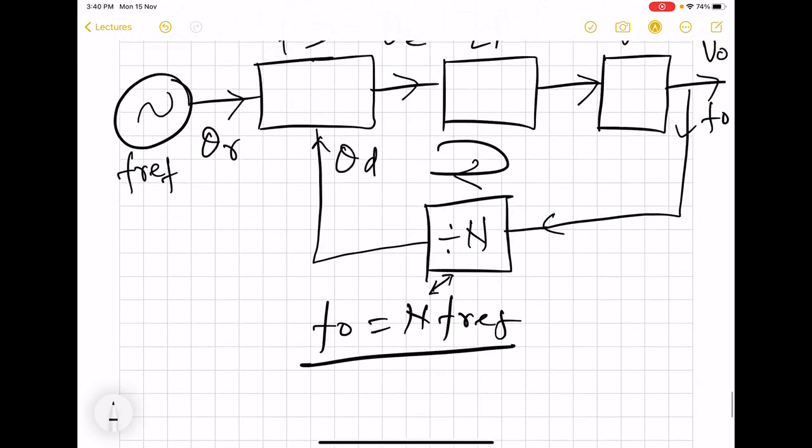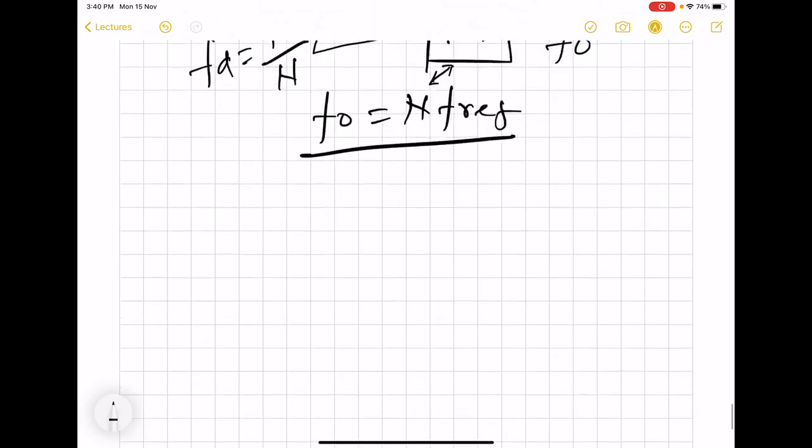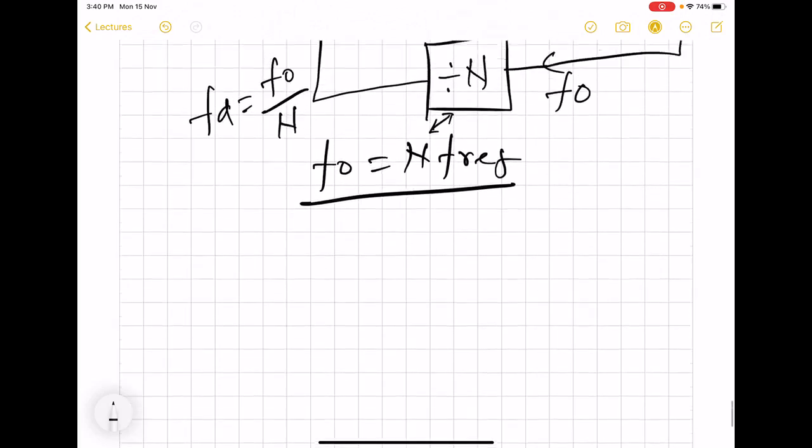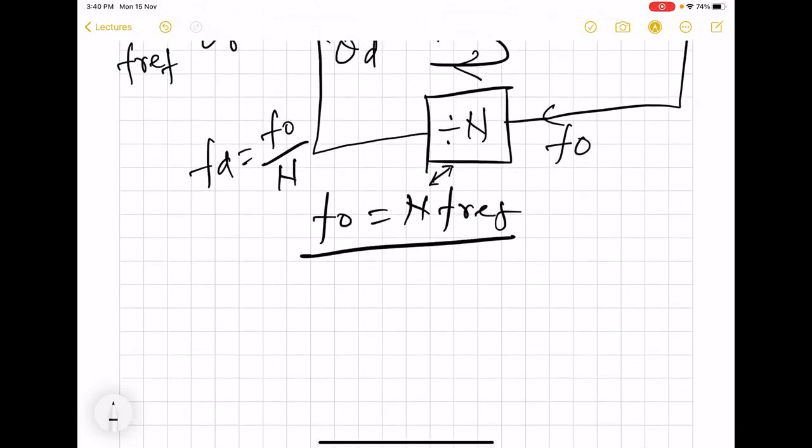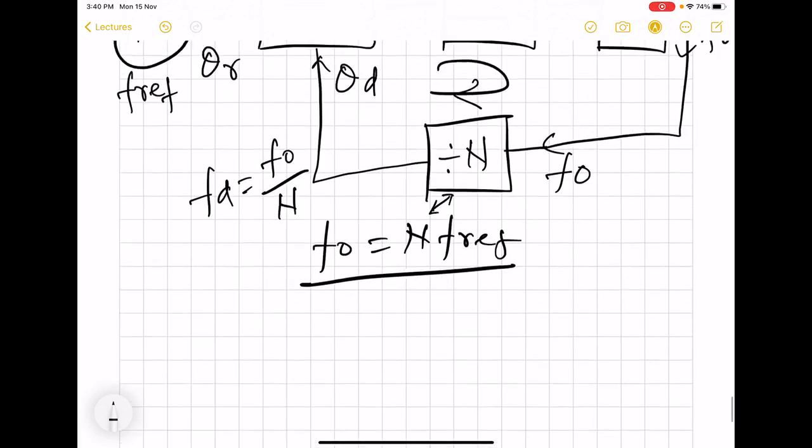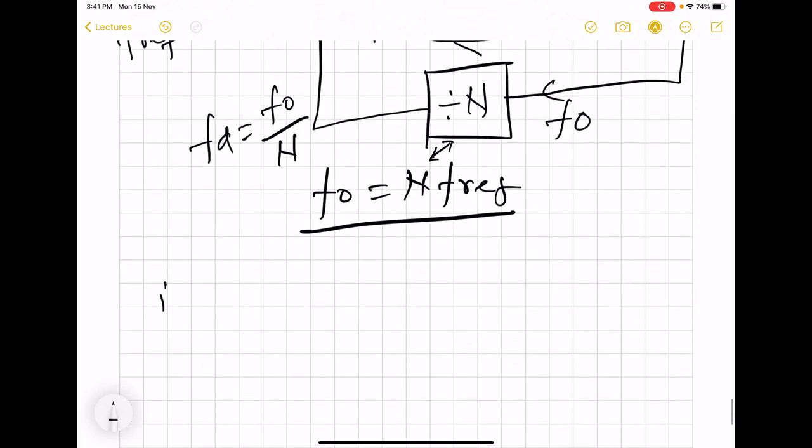And as the name suggests, this frequency divider basically takes a periodic signal of frequency f0 and produces an f divider output equal to f0 by N. Now we will talk in a little bit more detail about these building blocks. So the first one is PD.